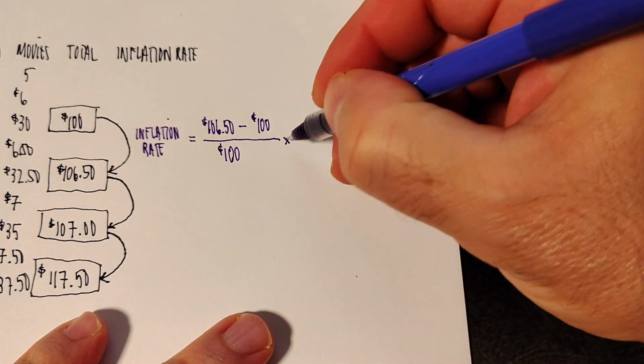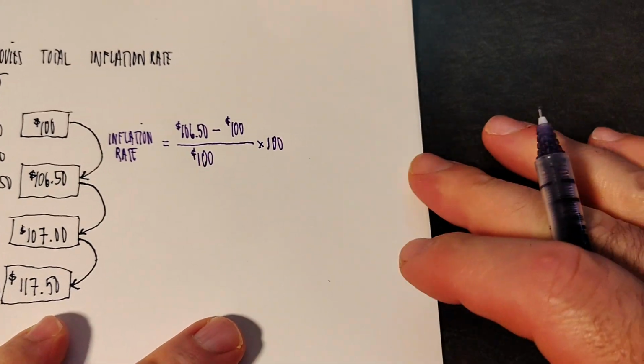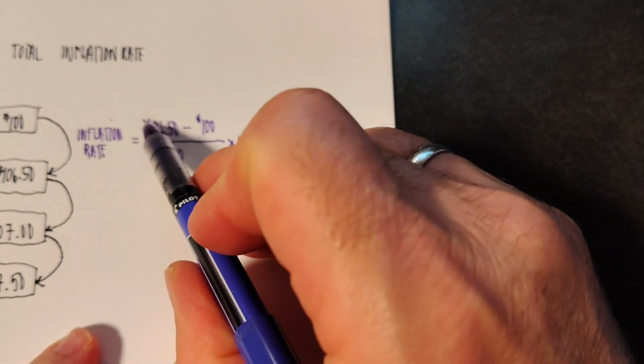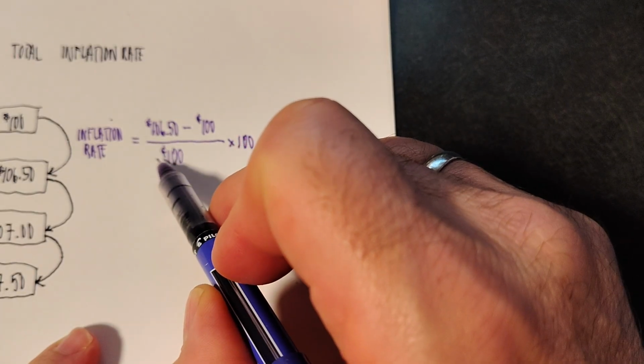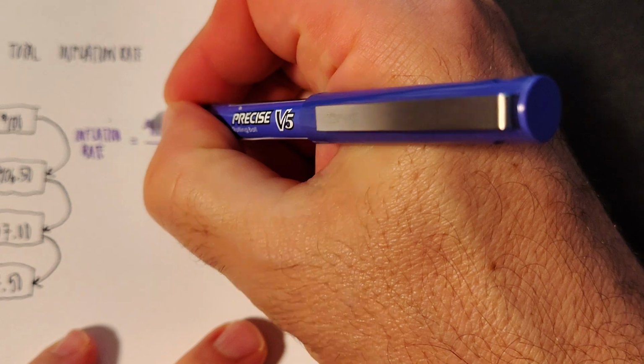And we're going to multiply this by 100. And what we'll see is, as you can see, we've got a unit here. So if we just divide the top and the bottom by $1, the units cancel.